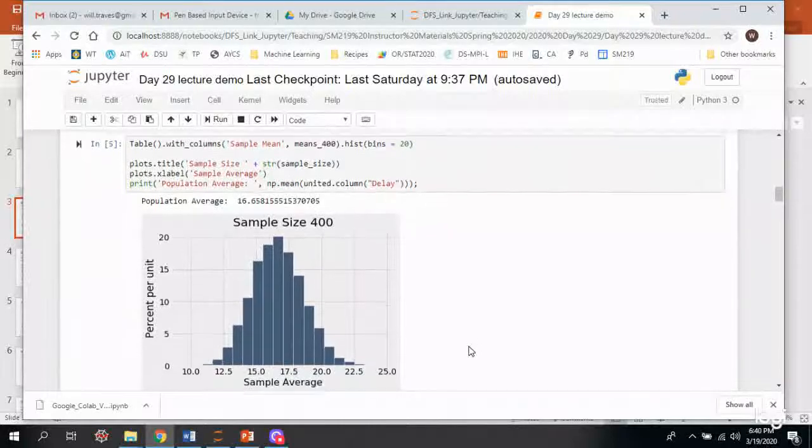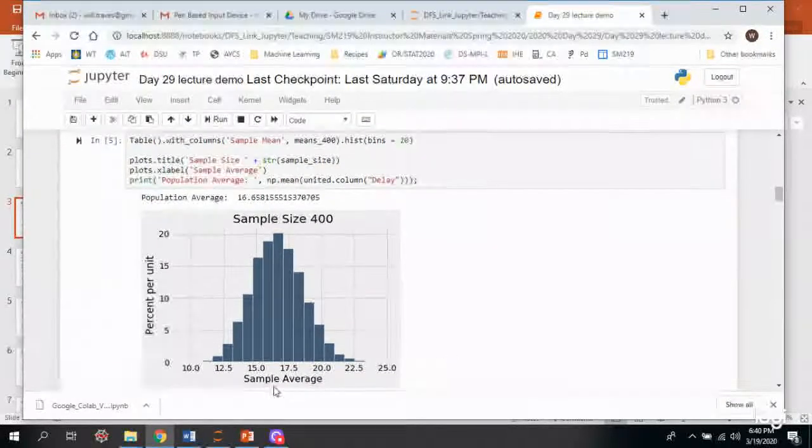These are the sample averages, and these each would be an estimate for the population average. The population average for all United flights is 16.65 minutes, and you can see here the variability of our estimates.